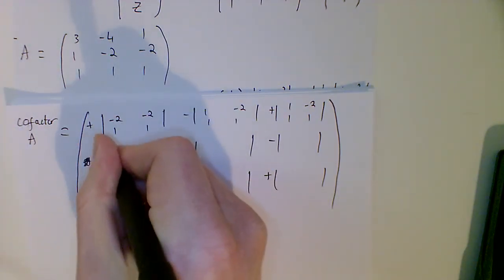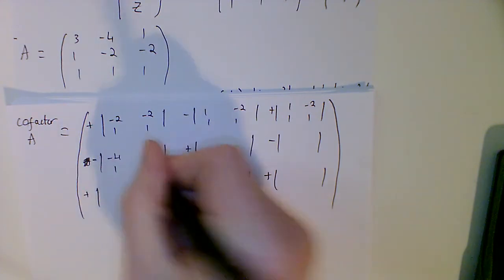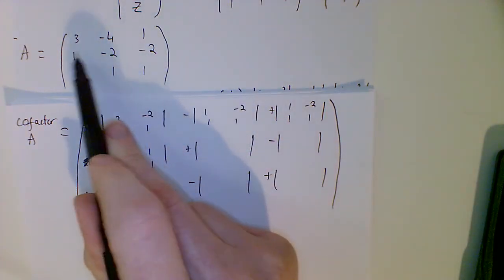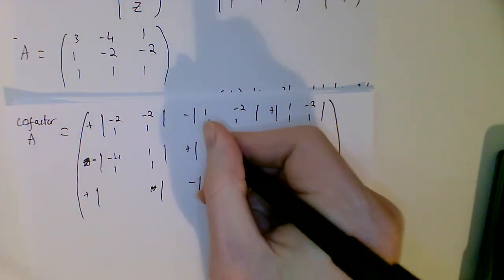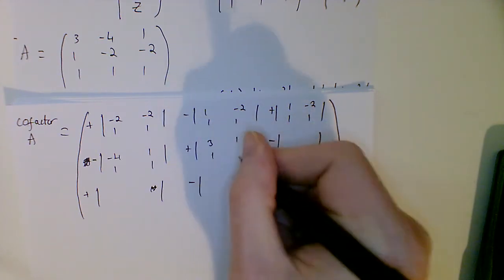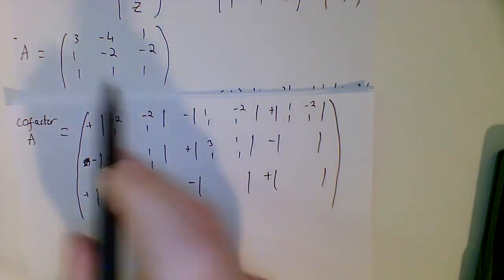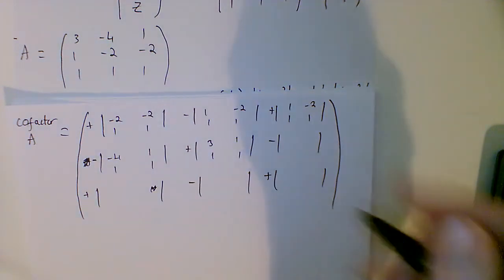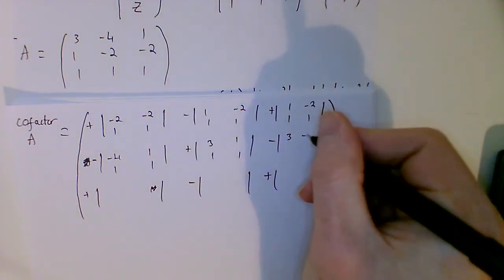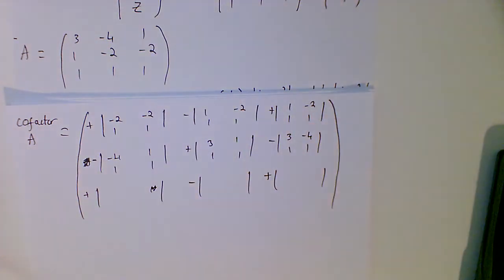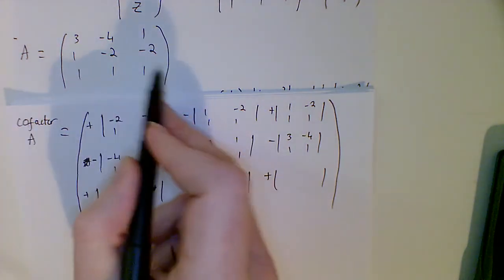So -4, 1, 1, 1. Not in this row, not in that column. 1, 1, 1. And then here, not in this row, not in that column. 4, 1, 1.